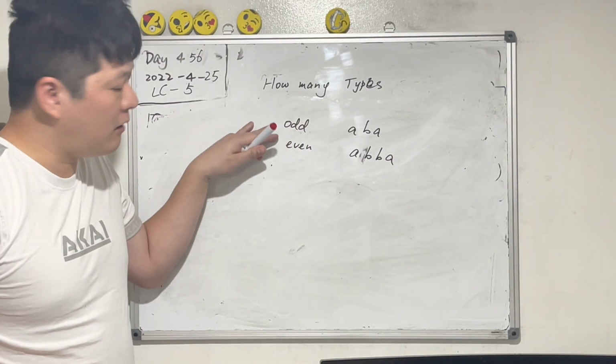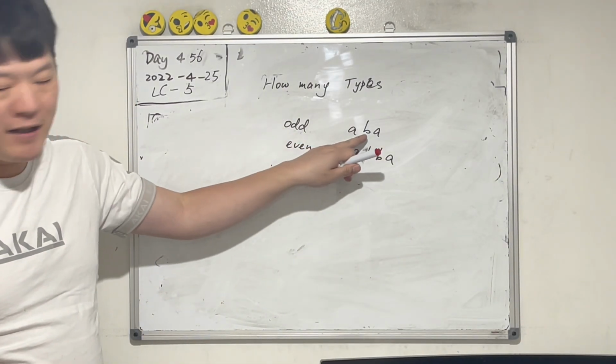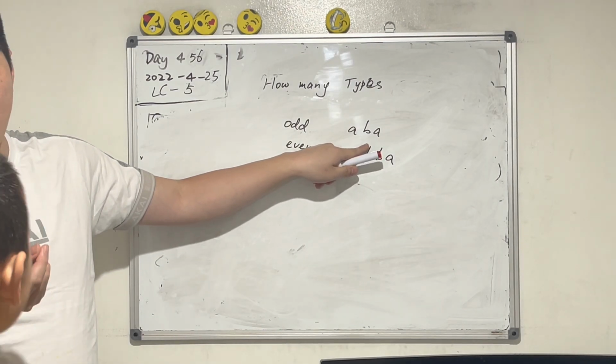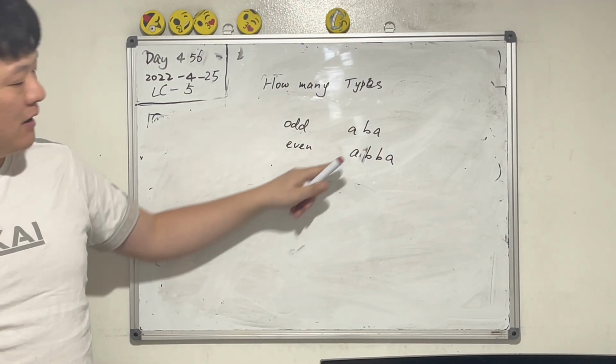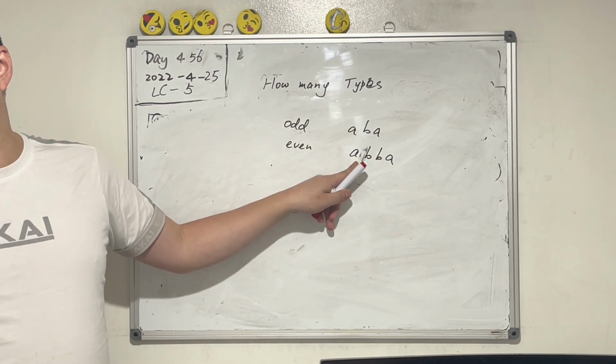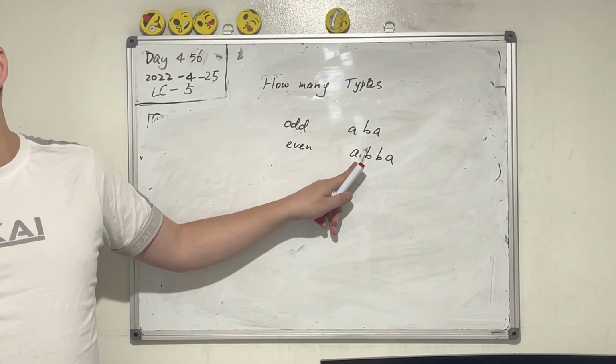With an odd number of characters, the one in the middle could be any character, it's a single one. For the even, every character has to match another one on the other side, right?